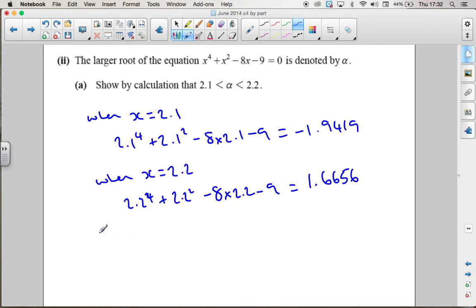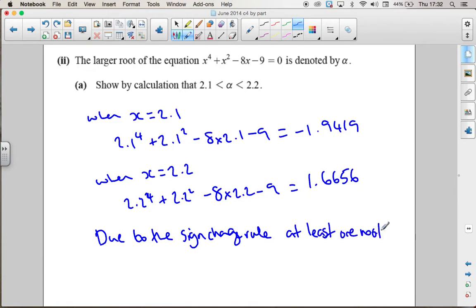So I can now say that because of the sign change rule, there's at least one root between 2.1 and 2.2.